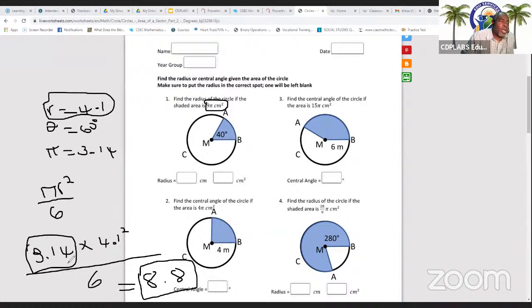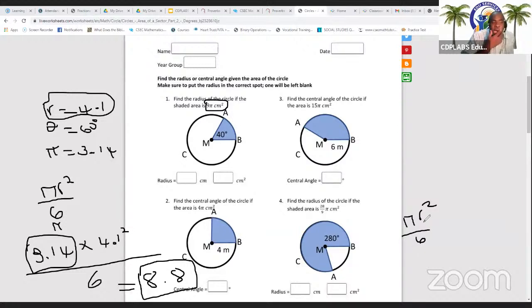So we have the pi. This is the idea: pi times this divided by this. Let's come over this side. I'm just showing you guys something. Pi times r squared divided by 6.